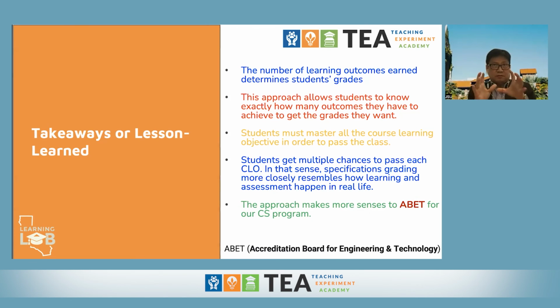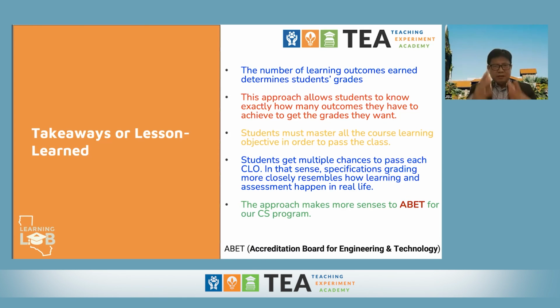So students are learning what things they want to learn. Using this approach, we allow students to know exactly how many outcomes they have to achieve to get the grade they want. And students must also master all the course learning objectives in order to pass the class.